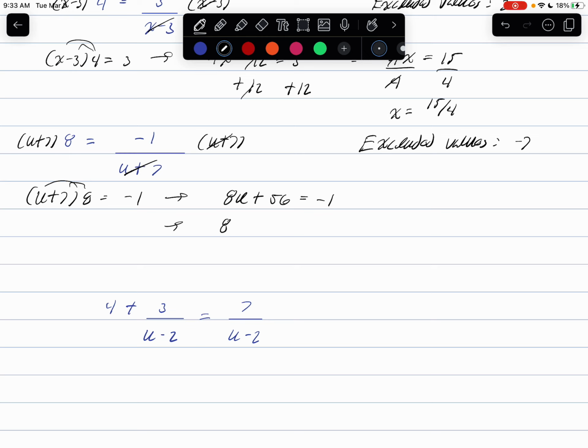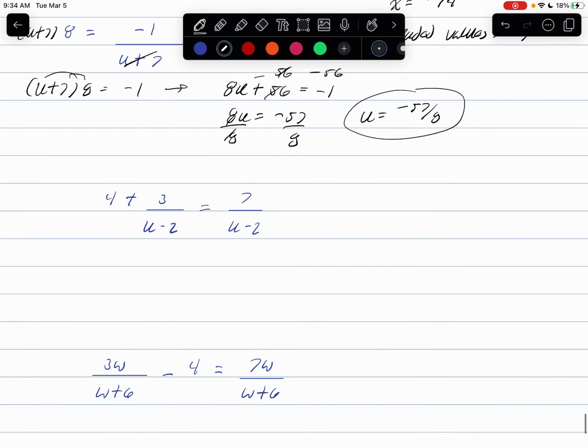Okay, and now if we take 56 away from both sides, we'll have 8u is equal to negative 57. We can divide both sides by 8, and we get u is equal to negative 57 over 8. I think that's as much as you can simplify that. And that's not our excluded value, so we are good.